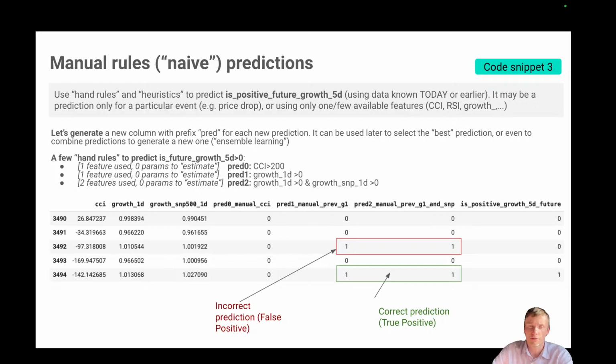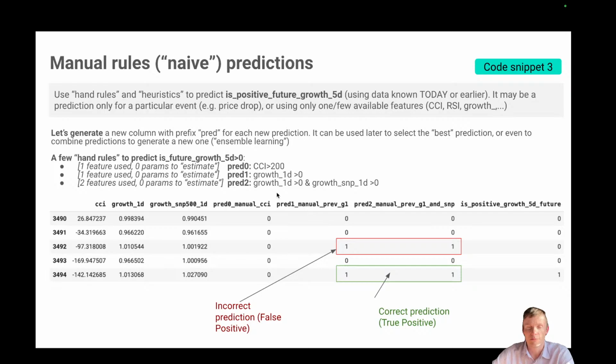Numerical features, categorical features, some other artifacts, and we will add one column for each new prediction. And these columns will have the same prefix. It will start from pred, and pred 0, pred 1, pred 2, and we will add some details about the type of the prediction. First, pred 0 manual CCI. Same idea that we had CCI more than 200. How we predict this, we do one line of code and we add this prediction to the data frame.